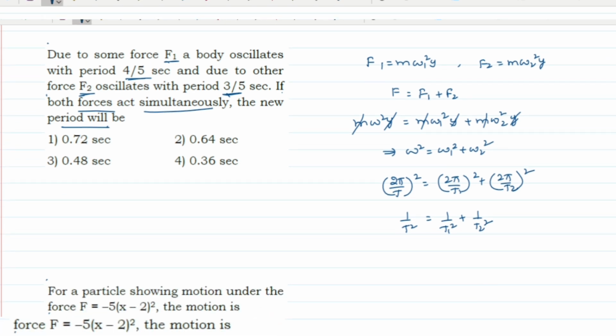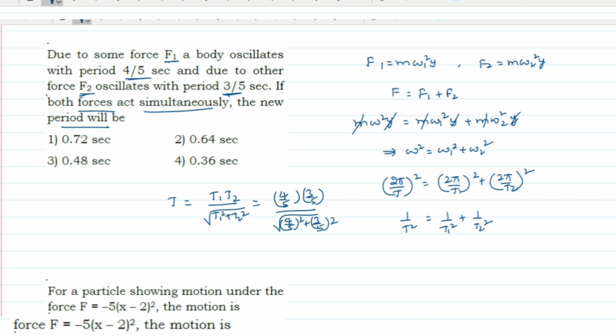When simplifying this, the time period T equals T1 T2 by under root of T1 square plus T2 square. T1 T2 is 4/5 into 3/5, by under root of (4/5) whole square plus (3/5) whole square.